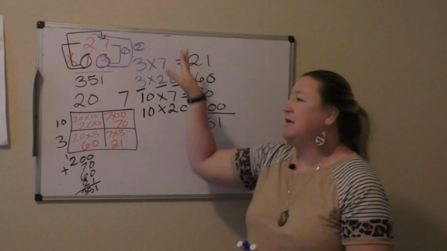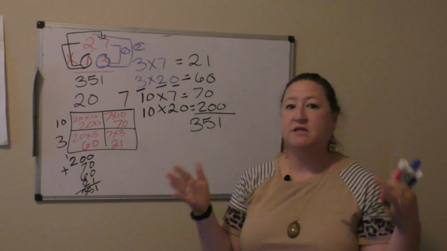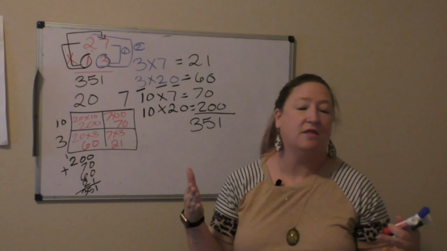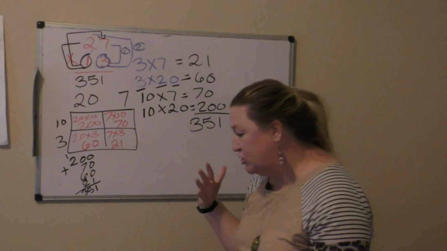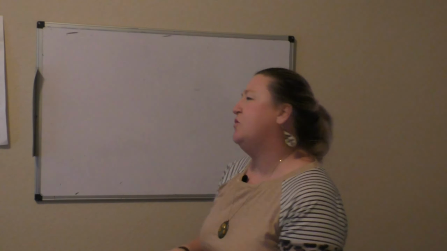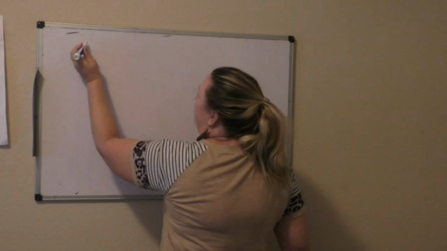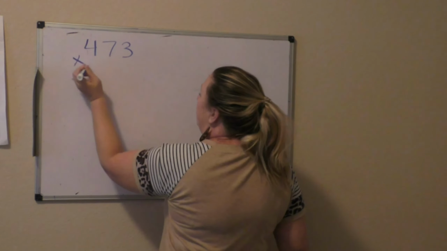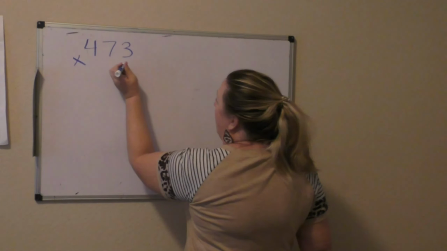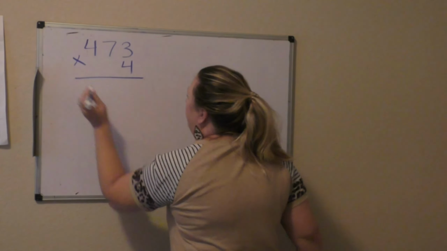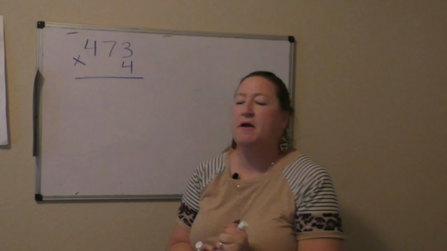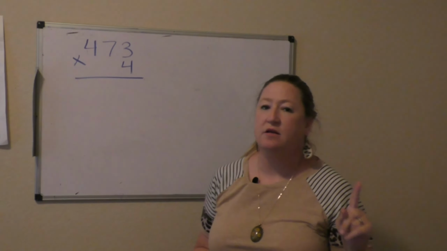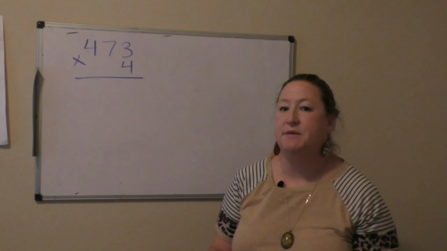I'm now going to do the same thing, but I'm going to do it with a 3-digit number, and I'm going to multiply that 3-digit number by a 1-digit number. So my 3-digit number is going to be 473, and I'm going to multiply that number by 4. My area model is going to look just a little bit different, but the concept is going to be the same.